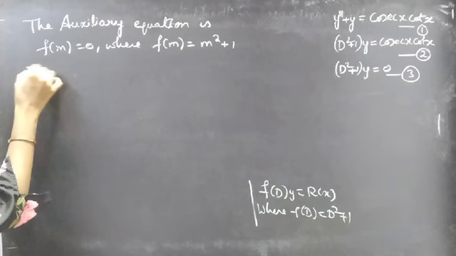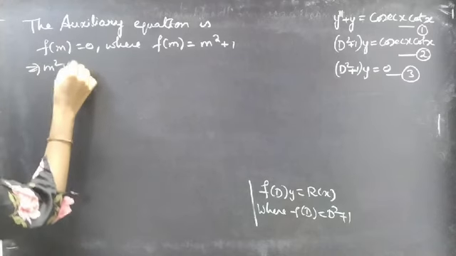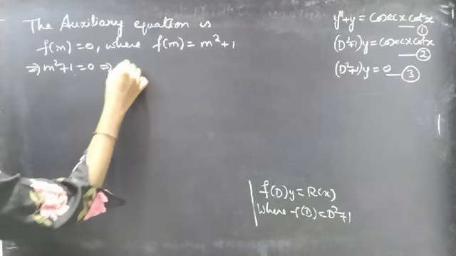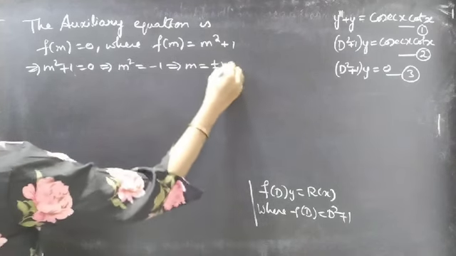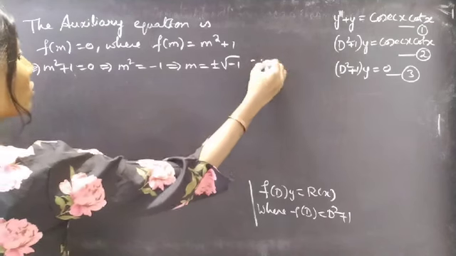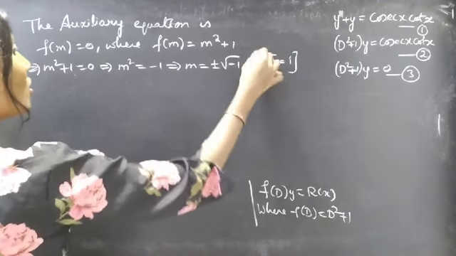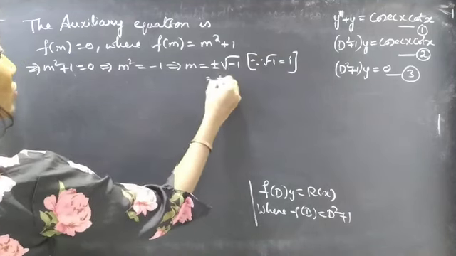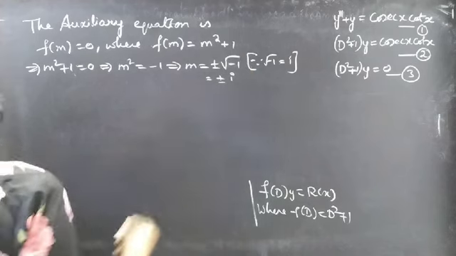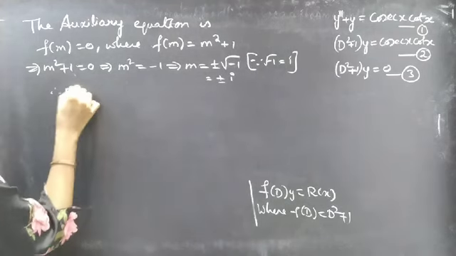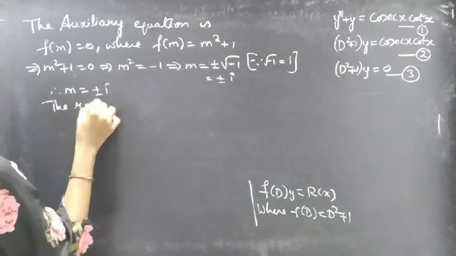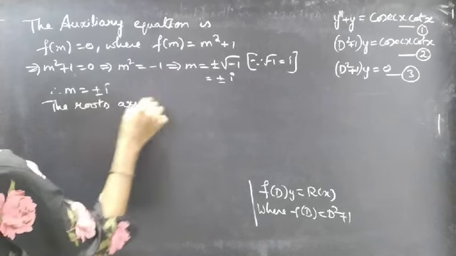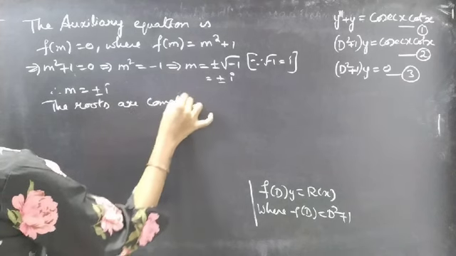Now the auxiliary equation becomes m square plus 1 equals 0, then m square equals minus 1, then m equal to plus or minus square root of minus 1. Since square root of minus 1 is i, let's replace square root of minus 1 with i, we'll get plus or minus i. Therefore, m equal to plus or minus i. The roots are complex conjugate.